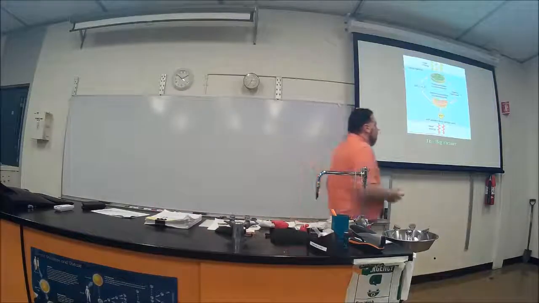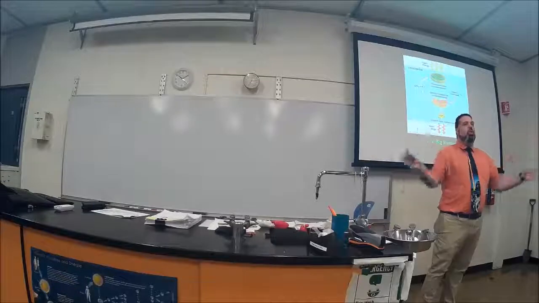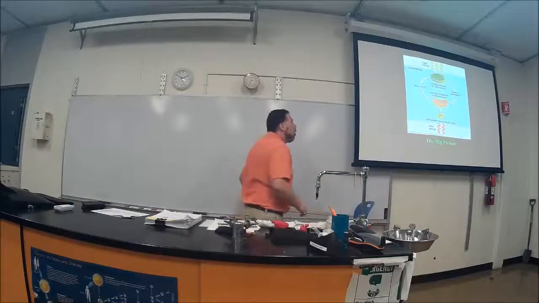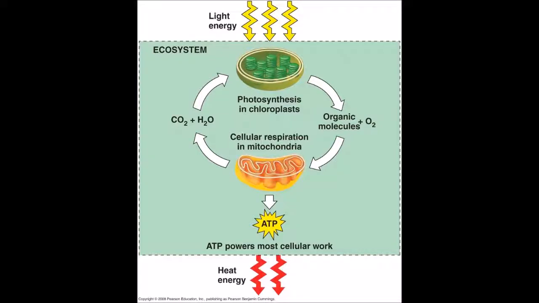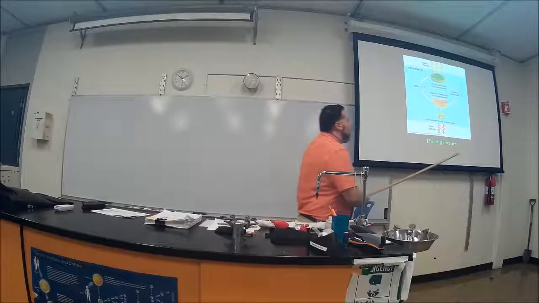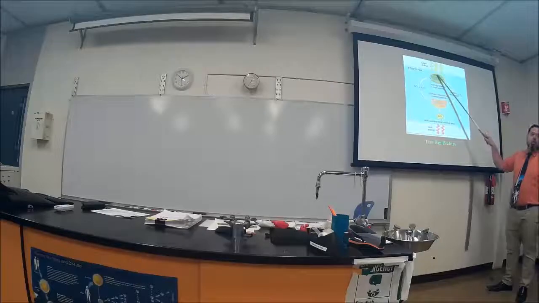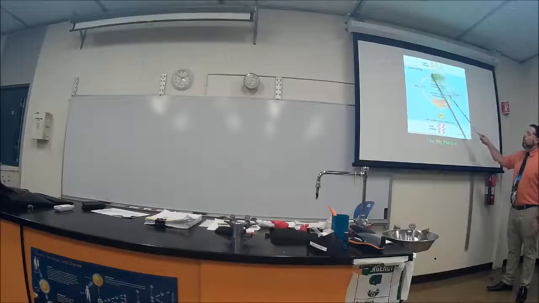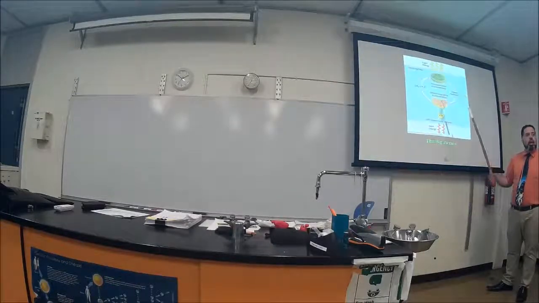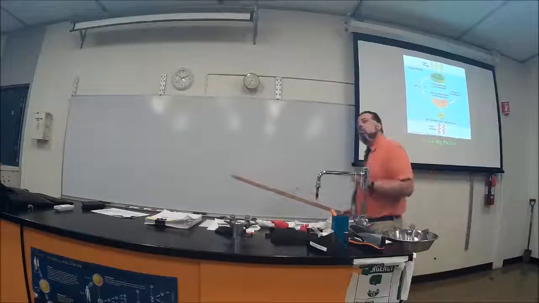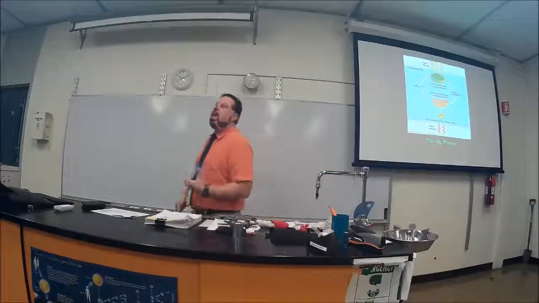So when you look at the big picture of the whole Earth, the way it starts off is that we have energy from the sun coming in, going to the plants. The plants can't go and eat a burger, so they have to make their own burgers inside of them.